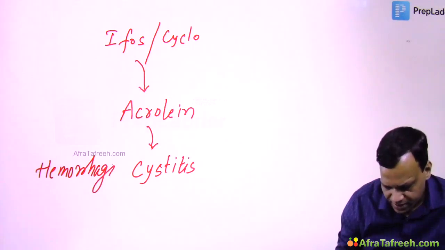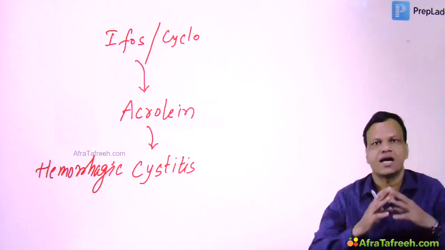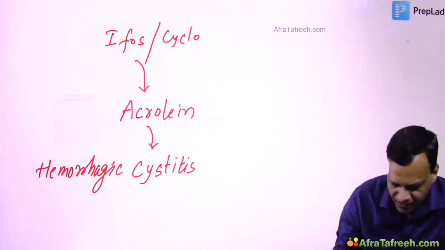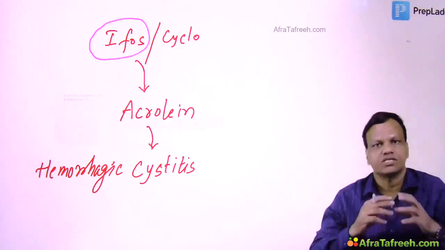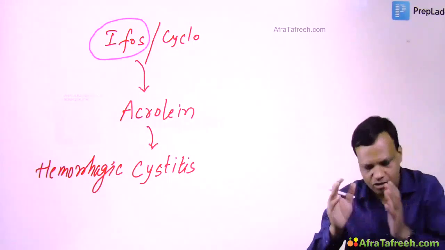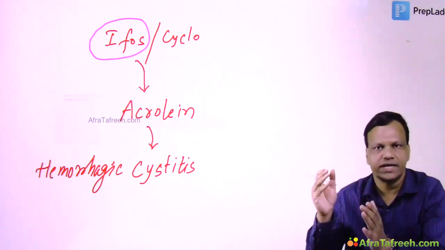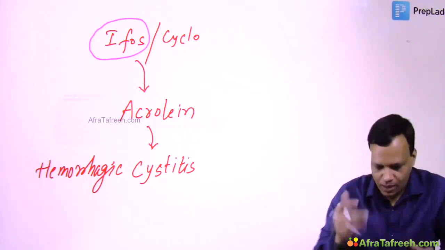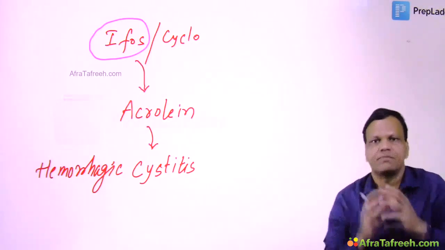So 2 anti-cancer drugs which cause hemorrhagic cystitis are ifosfamide and cyclophosphamide. Important to remember, ifosfamide has higher chances of causing cystitis. With cyclophosphamide, only high doses cause cystitis, whereas with ifosfamide, any dose can cause cystitis. Now how to prevent this hemorrhagic cystitis?